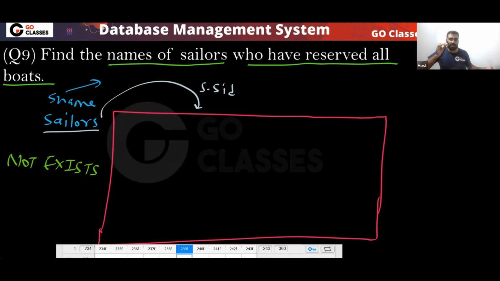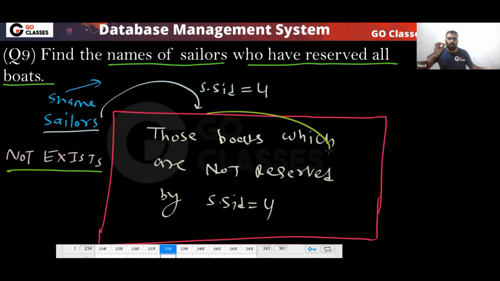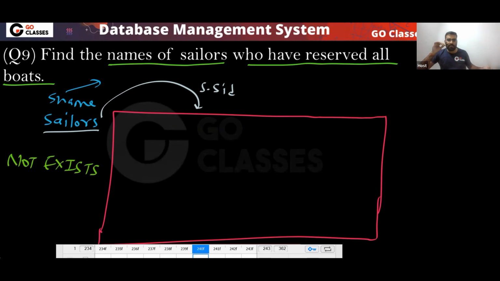So what should not exist? This type of boat. How to find those boats which are not reserved by s.sid? From all boats, I remove those reserved by SID 4.